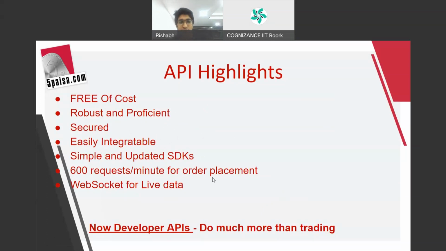Also, we have a good rate limiting capacity when it comes to our API performance. We have tried and tested a lot of things, and it works out pretty well. We have good feedback about it, but again, I'm open to feedback. If anyone has used 5paisa APIs in the past, you can tell how your experience was anytime in this meeting also.